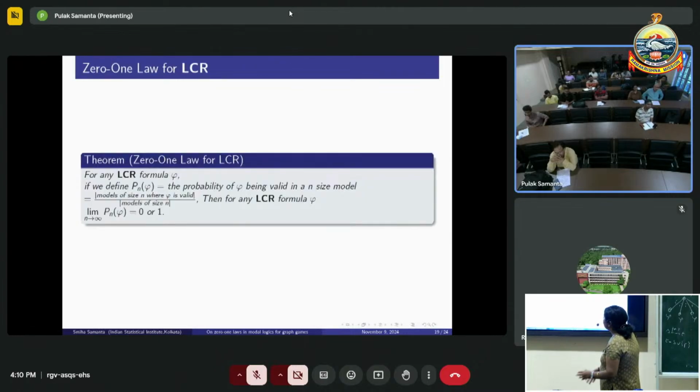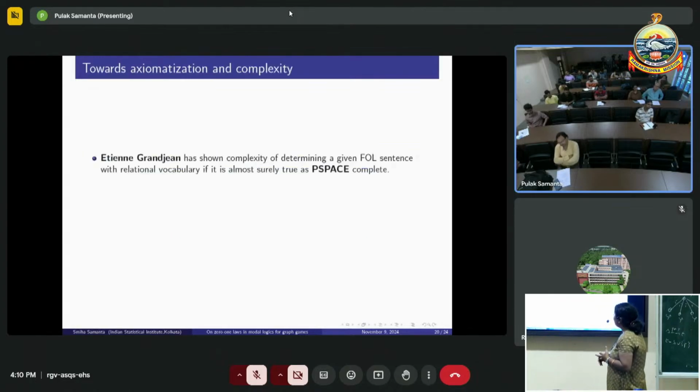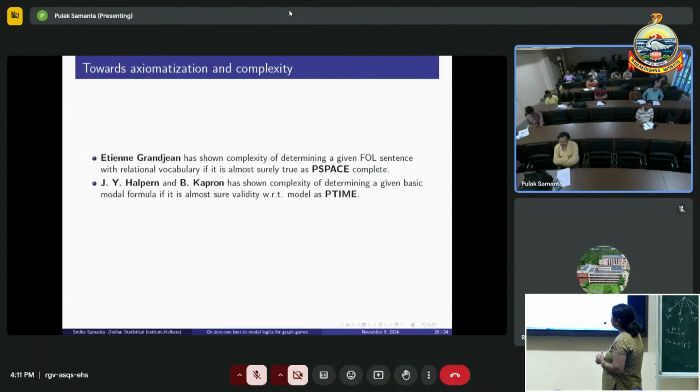Now the question is that in first-order logic, it is shown that checking a given sentence with relational vocabulary is PSPACE-complete, but for modal logic model checking it is P time.